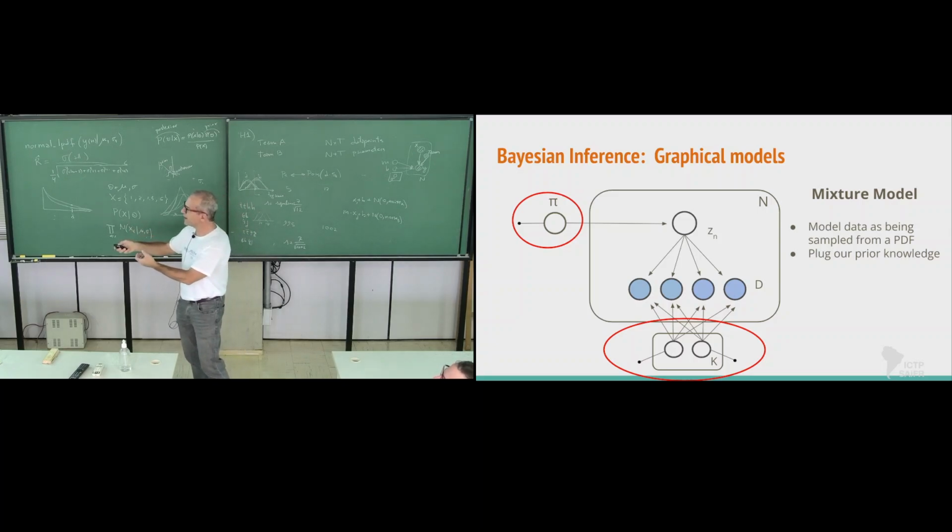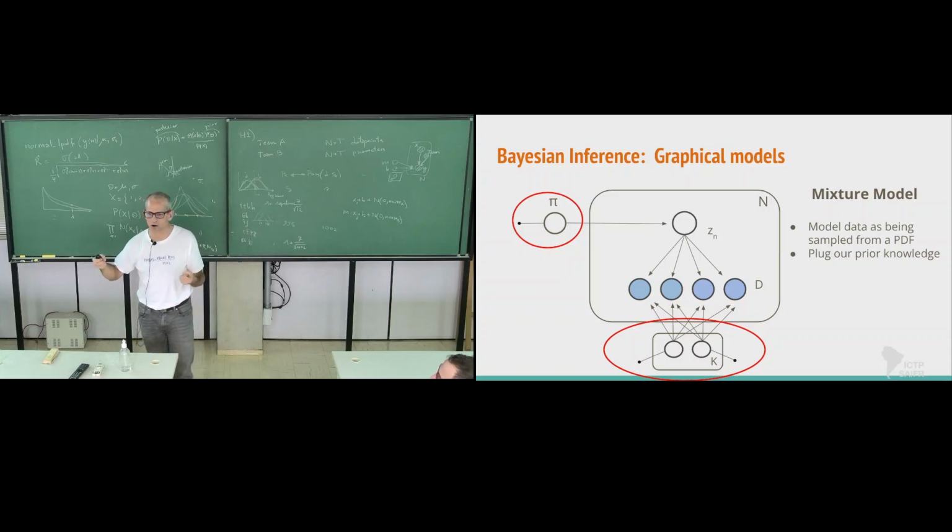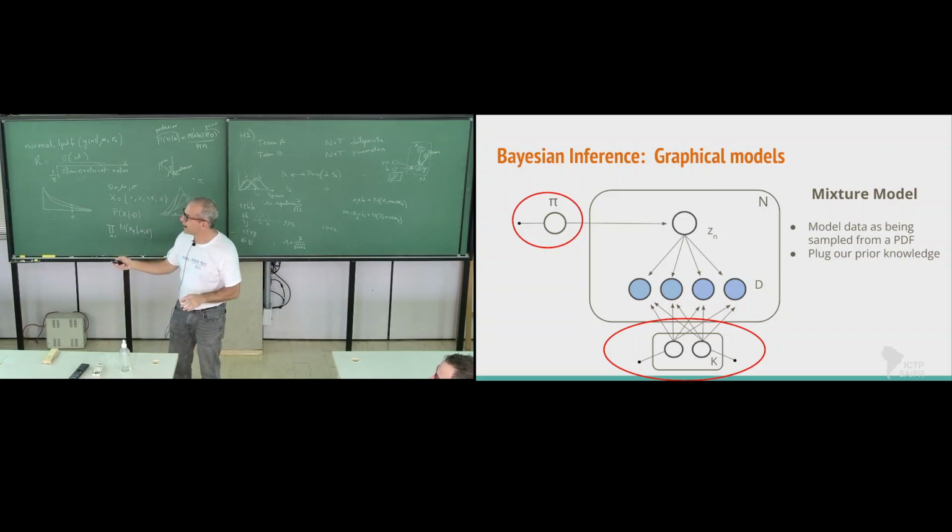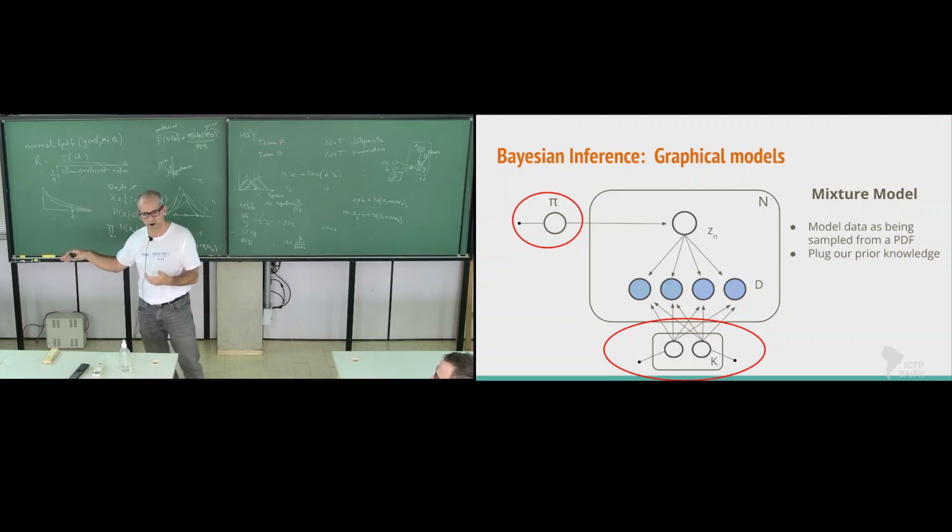Here, you only measure this, but when you model this, somehow you unfold your system into things that occur that are being sampled, where you can plug in your prior knowledge. You have some prior knowledge of the distribution of the invariant masses, whether from signal or from background, which is usually exponential.